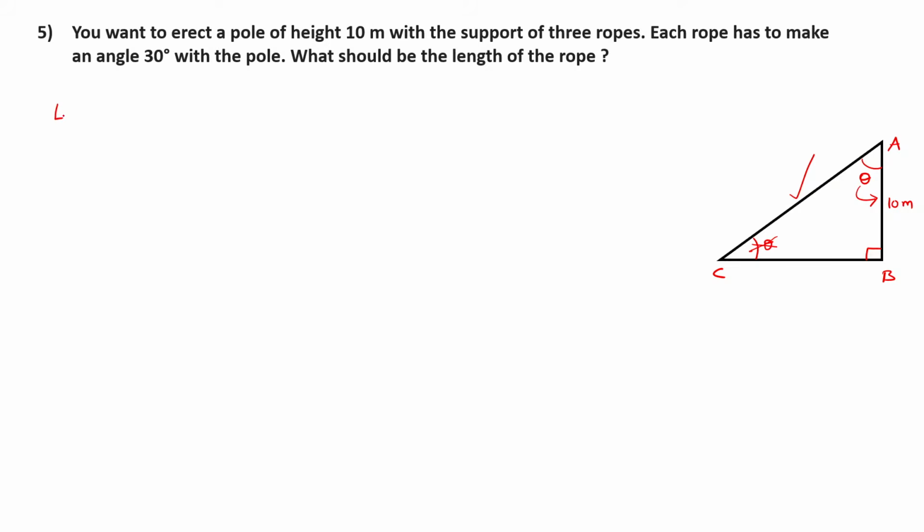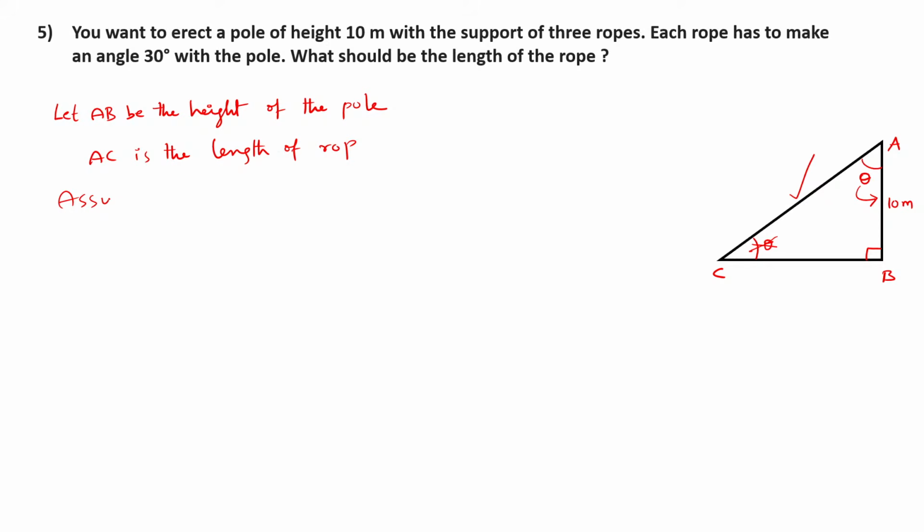So let us write. Let AB be the height of the pole. Next, AC is the length of the rope.